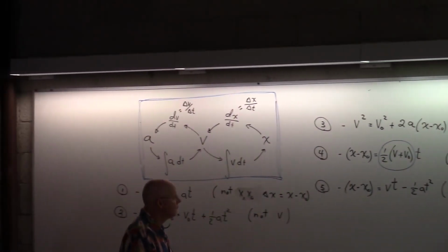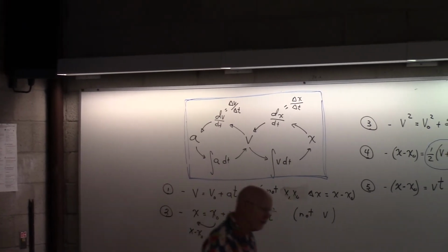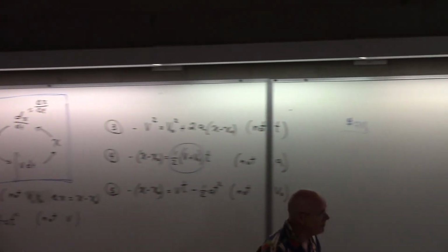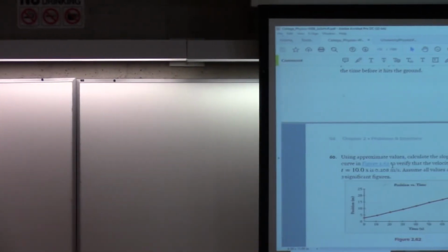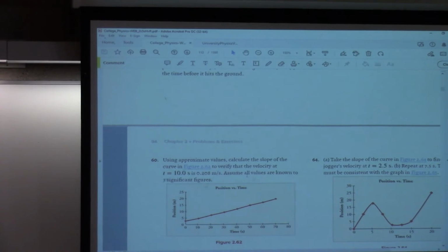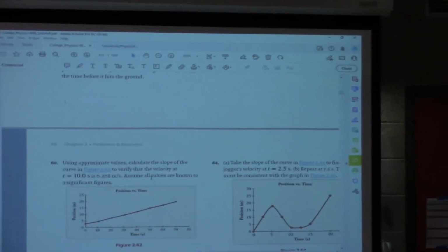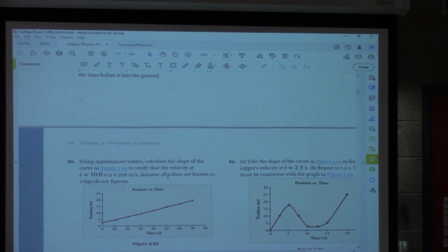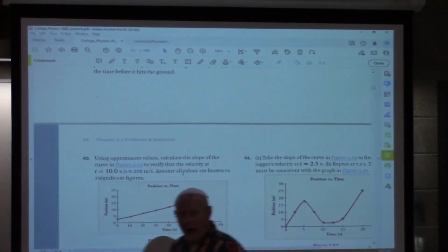I will point out that your author, on page 57, gives you a slightly different set of 5 equations. I'll let you make the call. I think these are a better 5 than the author's. But remember, they're all just derived from each other. So this is what I prefer as the 5.